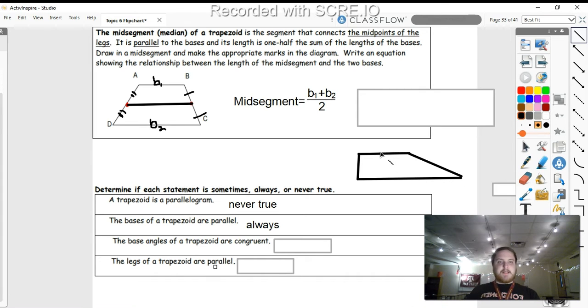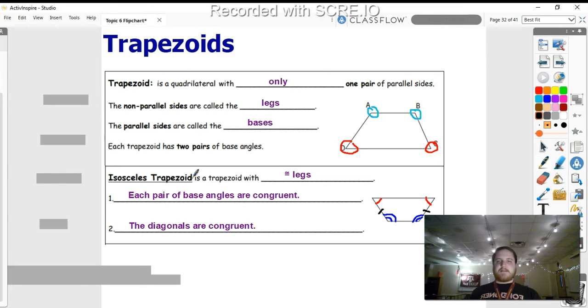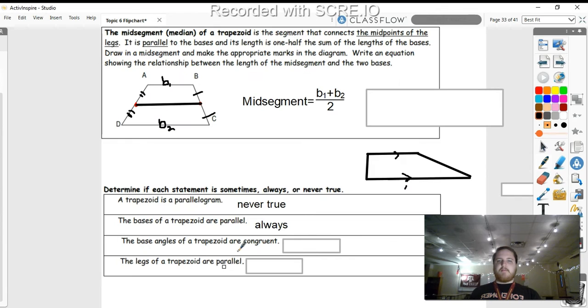But since this side and that side are parallel, that's a trapezoid. So if it's an isosceles trapezoid, this statement is true, but not every trapezoid is isosceles. So this statement is sometimes true.